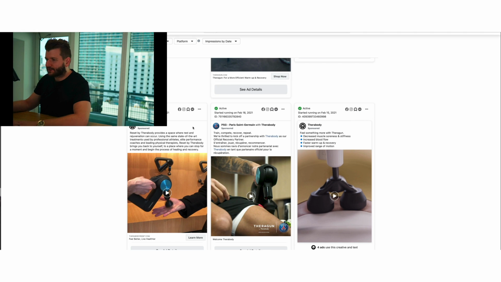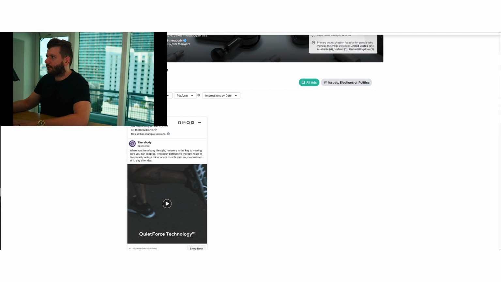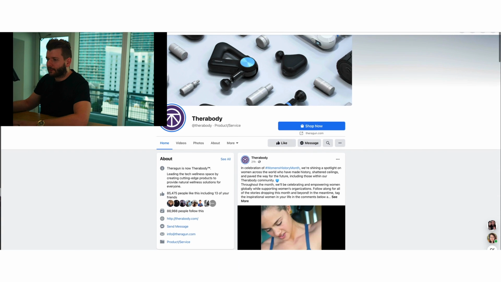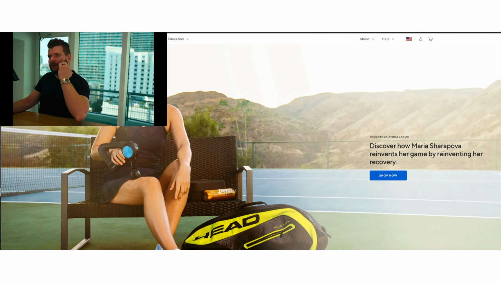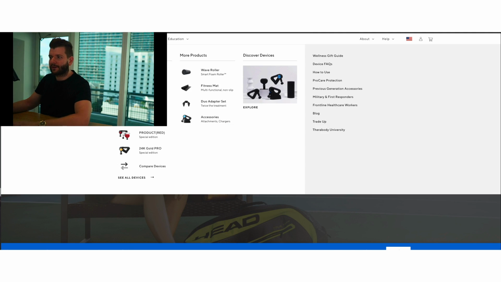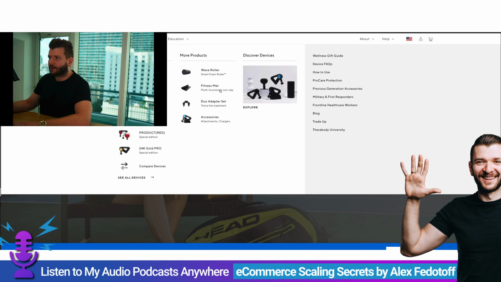Now this is the brand. This is a niche store now. And this is the approach, this is the model that we like the most. You can see they have a pretty big team now. They have the Theragun and plenty of variations of it. They started with one, and each of these is one SKU.